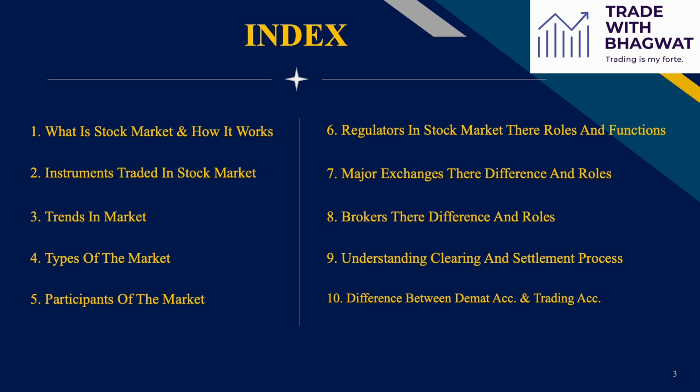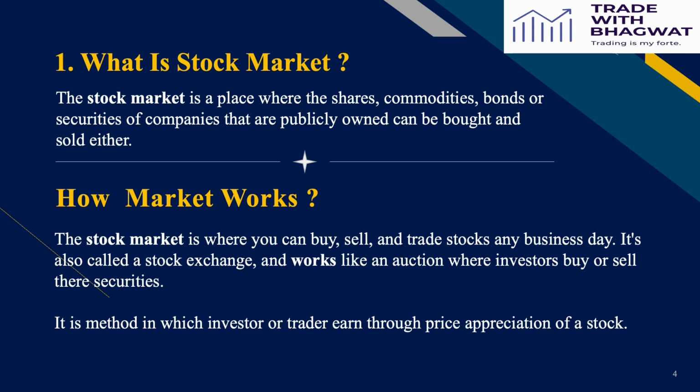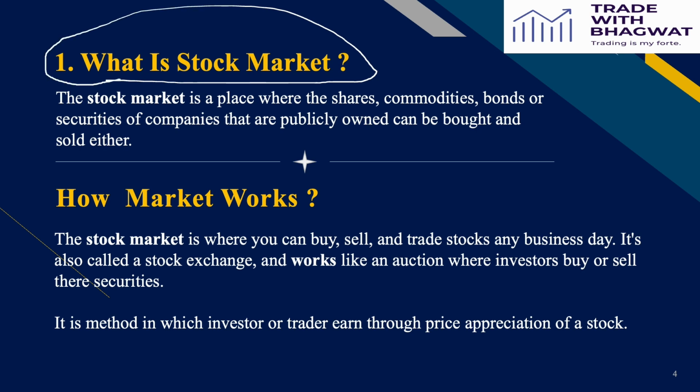So let's go further. The first thing is, what is the stock market? You might have heard the word stock market many times from different people, but just to let you know, stock market means share market, and equity market, and all those things you might have heard, it's the same.